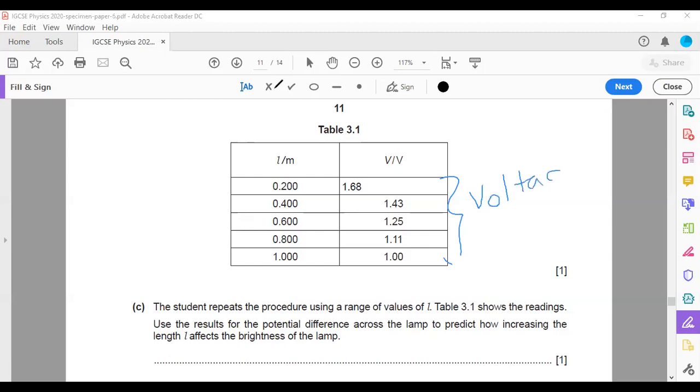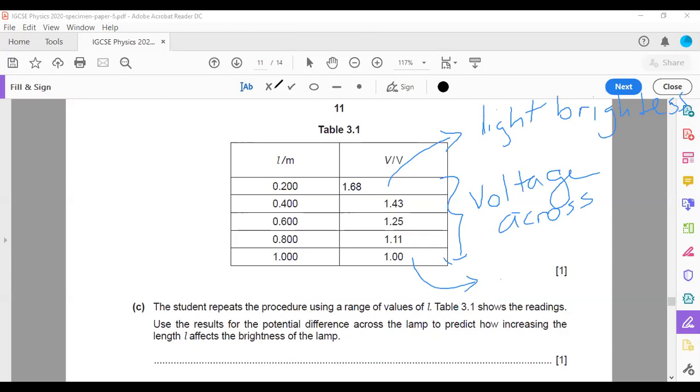Here's the voltage across the lamp. So here at this point, you're going to light the brightest. Here, you're going to be dull.